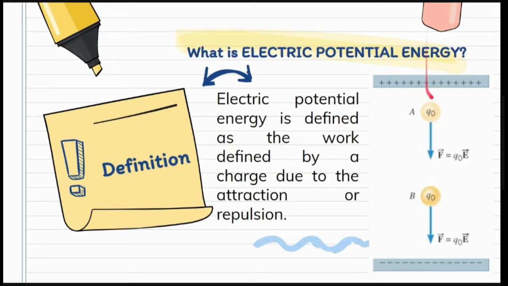The same is true as we have illustrated here in our diagram. These two are attracted with respect to a distance r, so from point A to point B, there is a distance r.